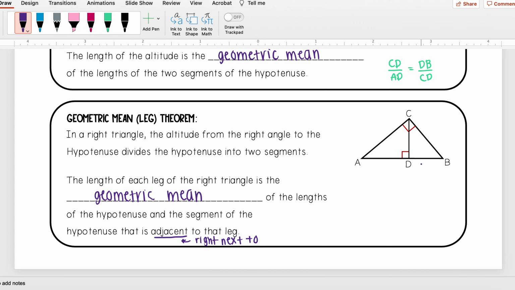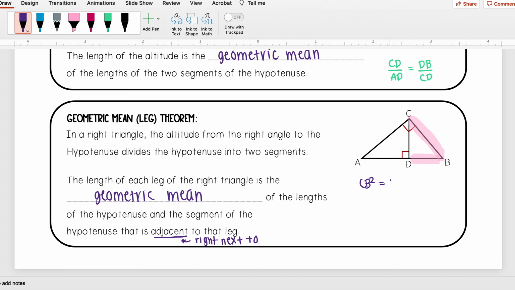And so the equation that we get here, because I have my two legs AC and CB, is CB squared. So if I'm looking at CB, it's going to be equal to the geometric mean of the hypotenuse, so AB, times the segment of the hypotenuse that is adjacent to that leg, so DB. The one that's adjacent to it right now is DB.